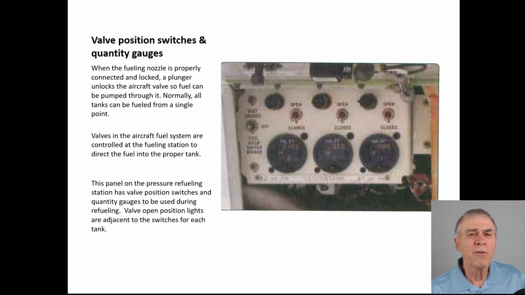Valves in the aircraft fuel system are controlled at the fueling station to direct the fuel into the proper tank. And think of the valve as similar to a check valve. The fuel can go up, but it can't go down. There's a plunger that locks and unlocks as the nozzle is put in.